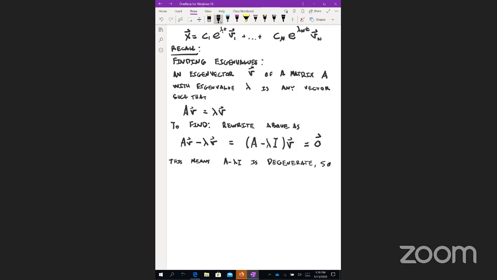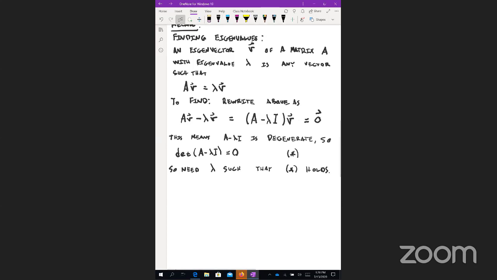In particular, matrices are degenerate if and only if the determinant of A minus lambda I is equal to 0. Great, so we just need to find a lambda such that this equation holds. And then actually finding the vectors is easy: given such lambda, we just solve the equation up here.